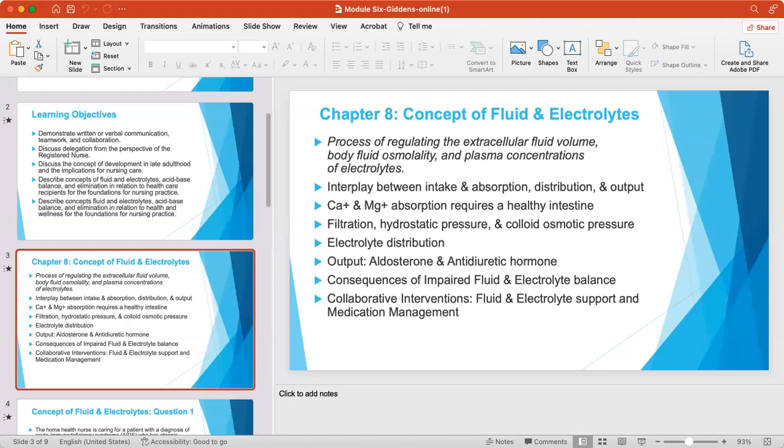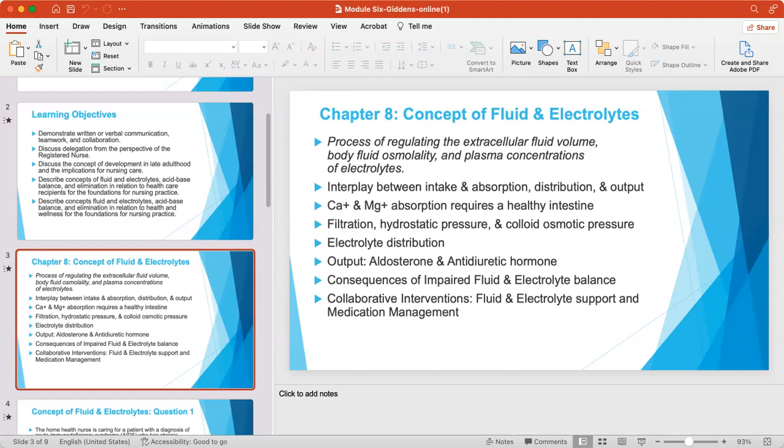Also for high calcium, you might give calcitonin for acute hypercalcemia, which counteracts the life-threatening effects of that imbalance.